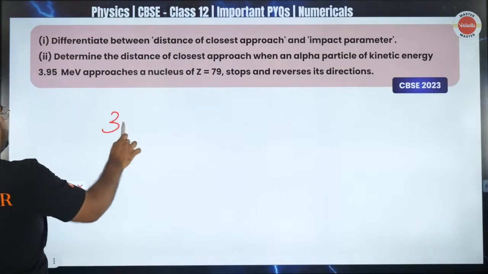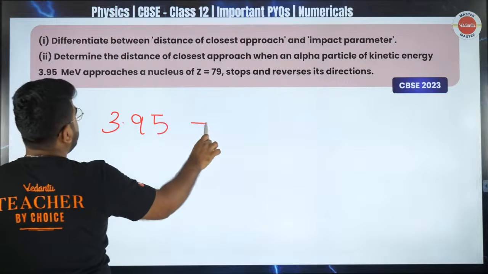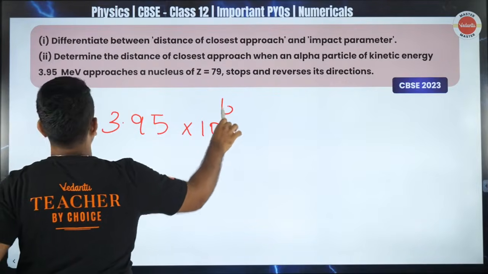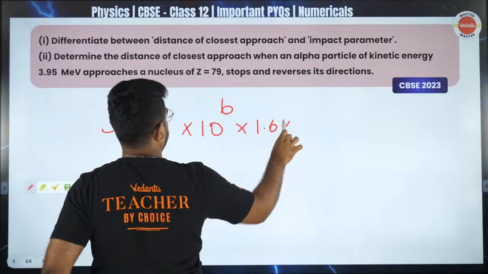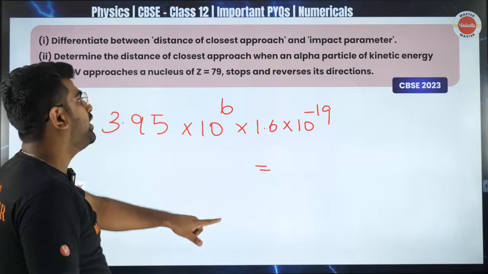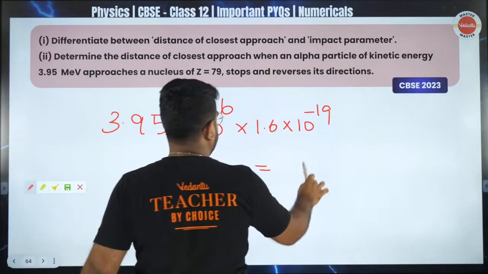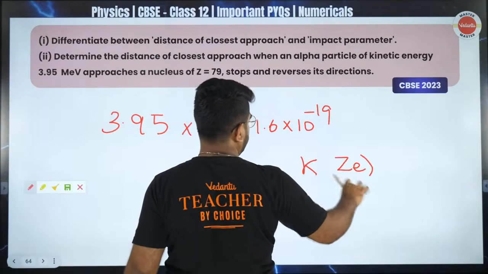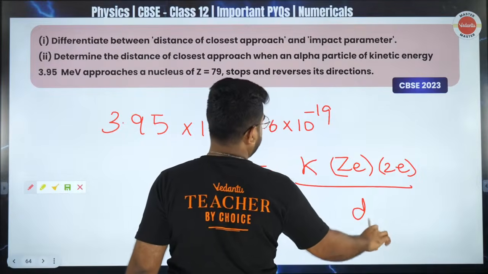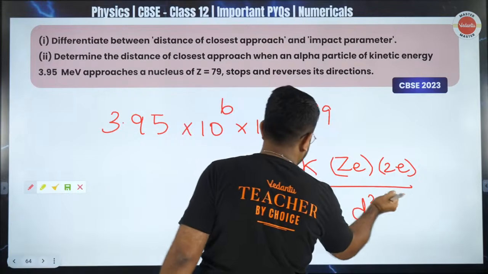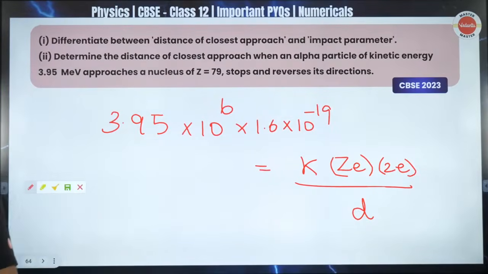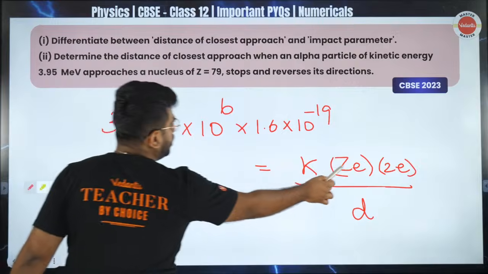So how do you find the distance of closest approach? The kinetic energy will be converted to potential energy. What is potential energy? K Q1 Q2 by R. So why is Q1 ZE?